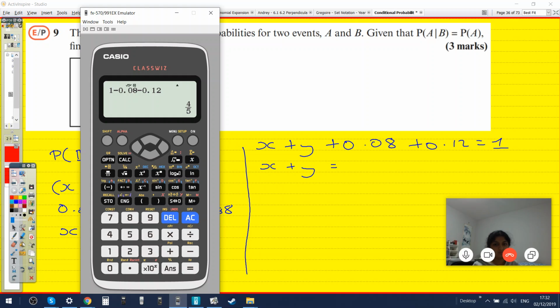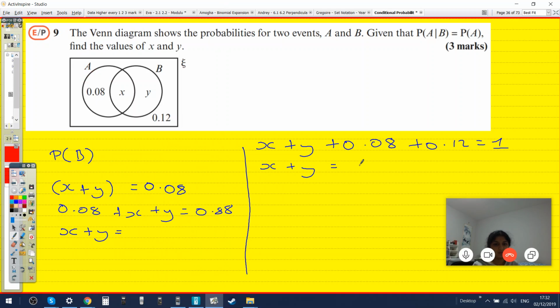So that's 0.8. So X plus Y is equal to 0.8. Did you get that? Yeah, I wrote that. Okay, so that part's equation 1. Equation 2 is this independent thing. The probability tells me that they are independent.